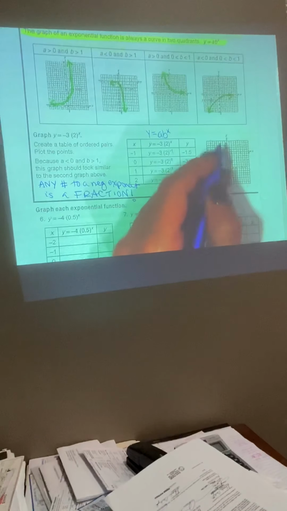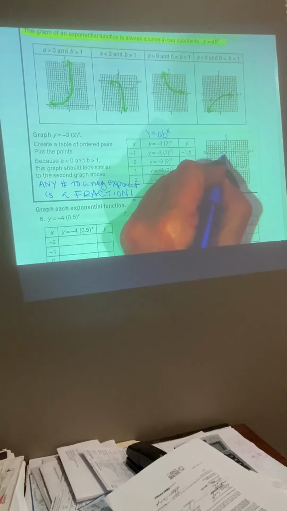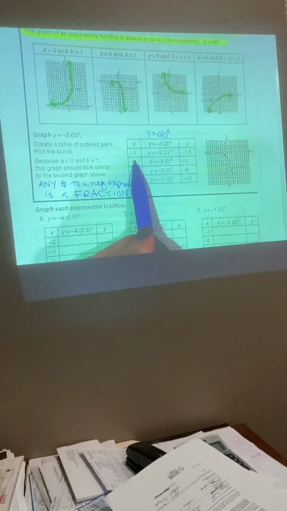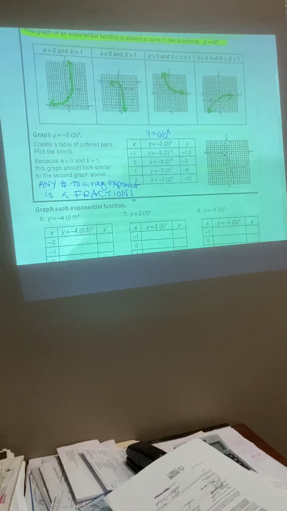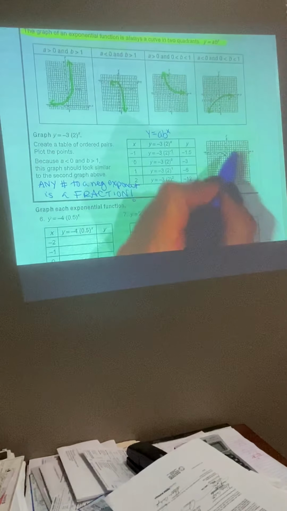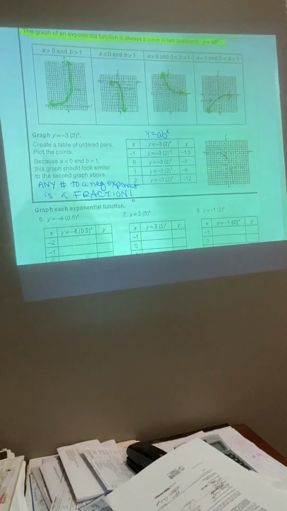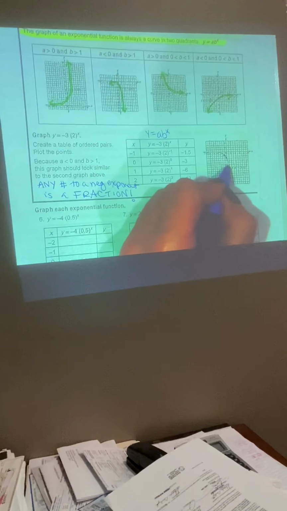And again, I know these are not the best of graphs, even with my glasses on. I'm having a little trouble. Any number to the 0 power is 1. 1 times -3 is -3. 0, -3. Two to the 1 is 2 times -3 is -6. 1, -6.